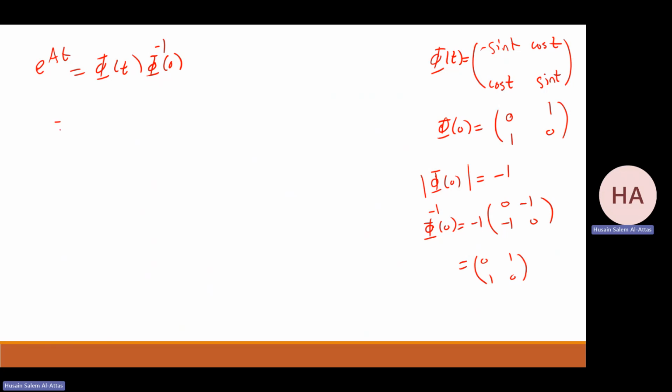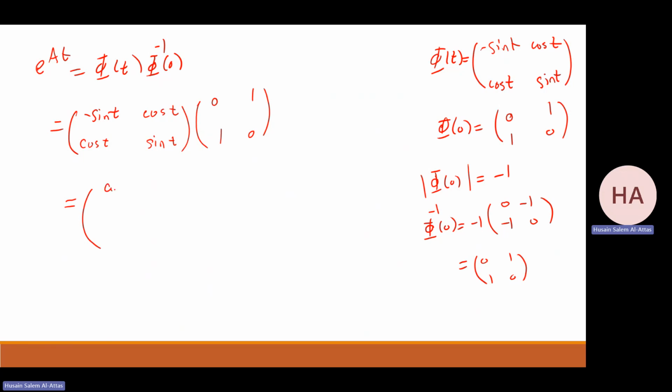So this will be minus sine t, cosine t, cosine t, sine t times 0, 1, 1, 0. That gives me what?